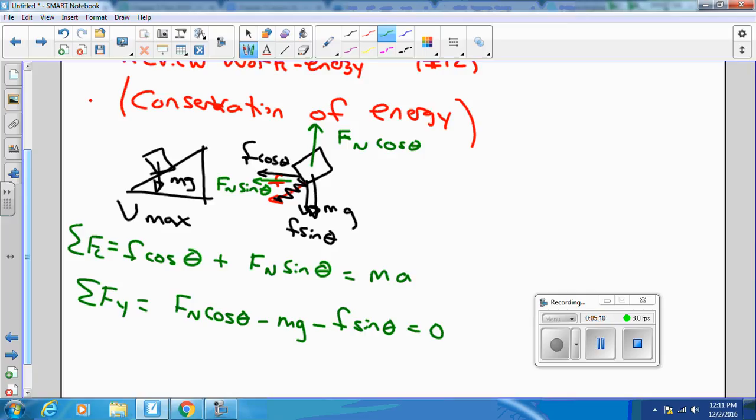Okay. Yeah. And the reason that you can tell that they're backwards, if I look at the original force vectors, friction is perpendicular to the normal force, and because it is perpendicular to the normal force, the sine and cosine components in the various directions will definitely be opposite from one another.